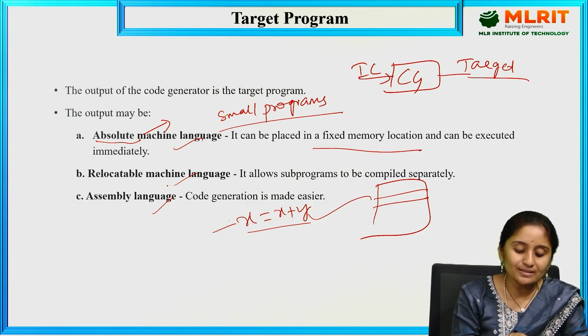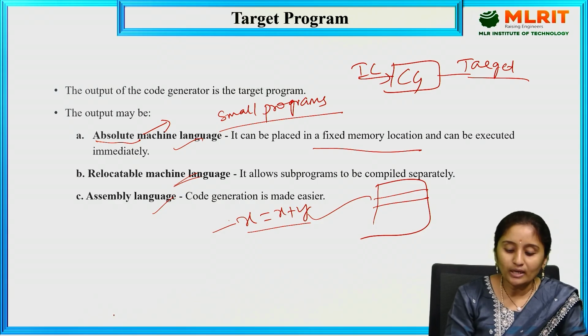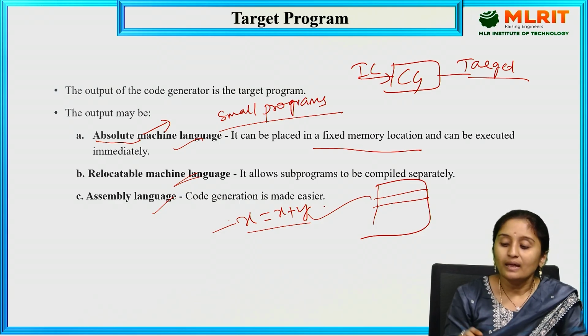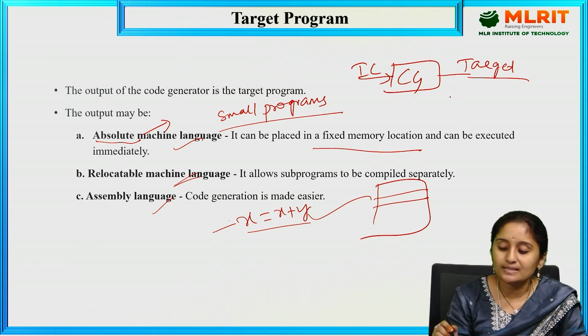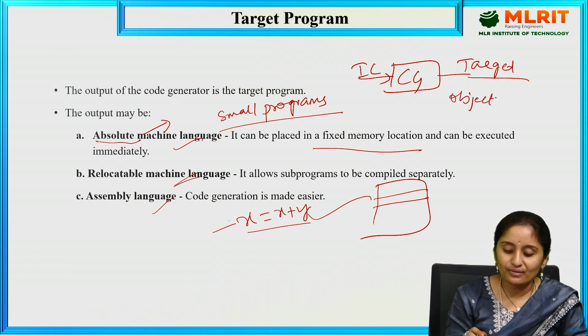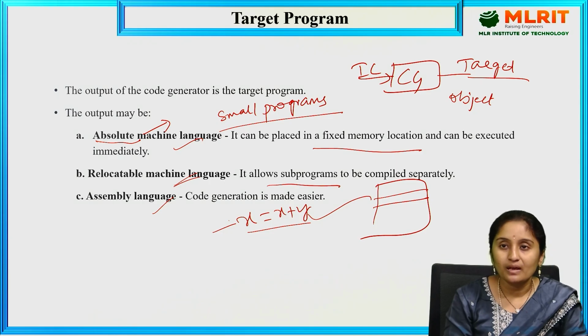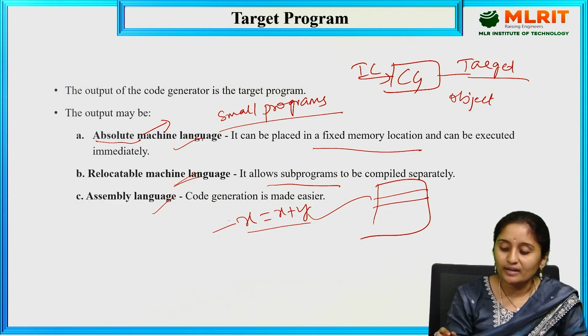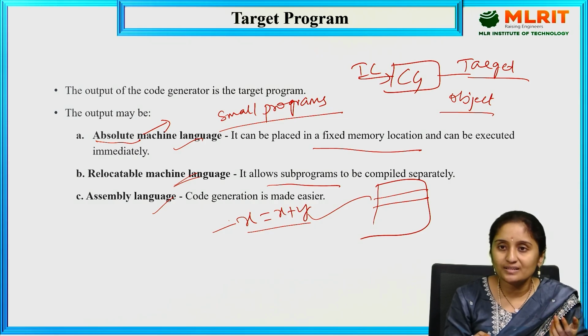The next one is relocatable machine language. Here the target code which it is generating is the object code. The large program is divided into small subprograms. These subprograms are all combined and it generates the object file. Once the program is compiled, it generates an object code, and all these subprograms are combined into a single program.